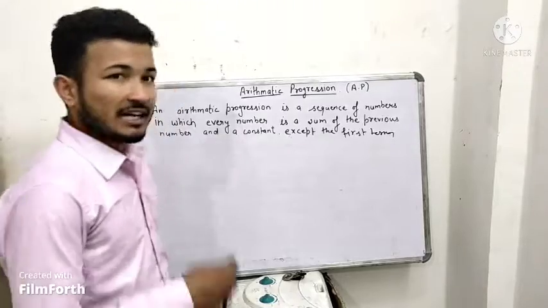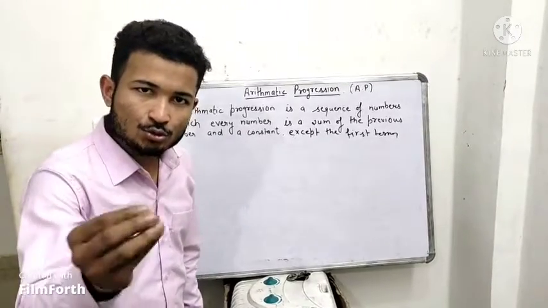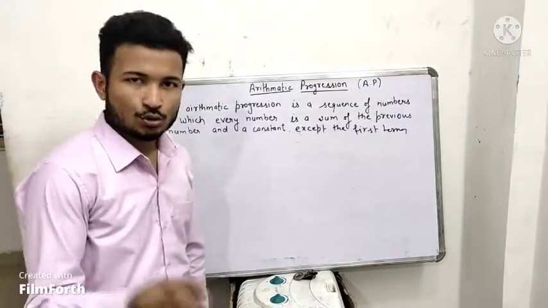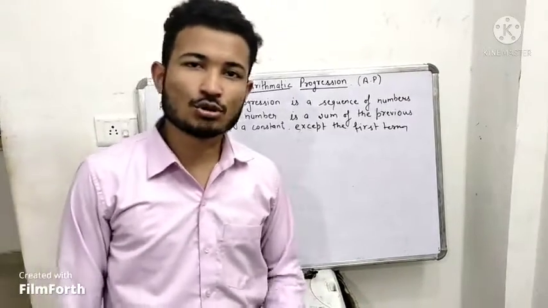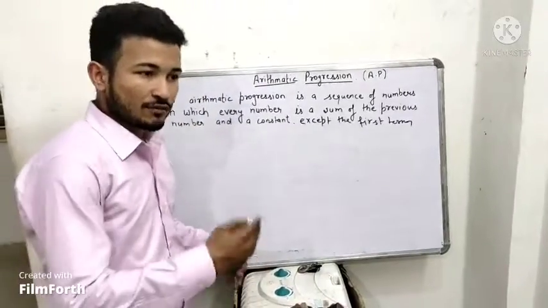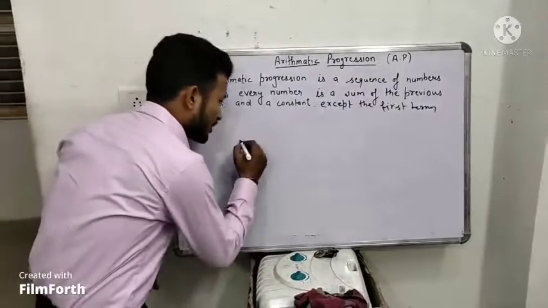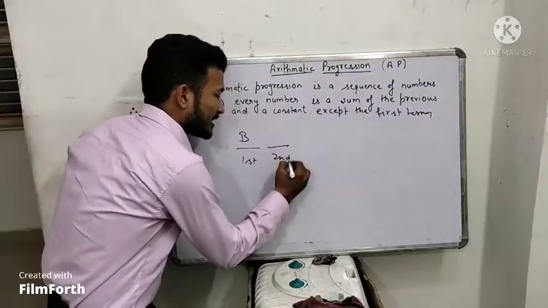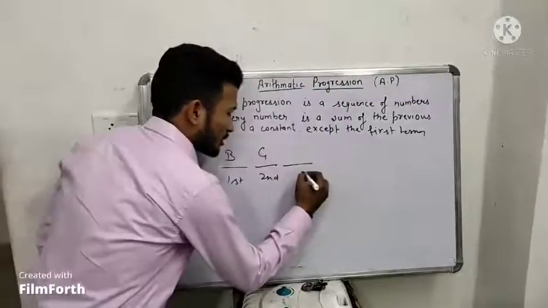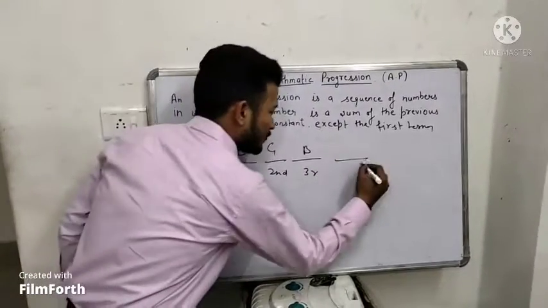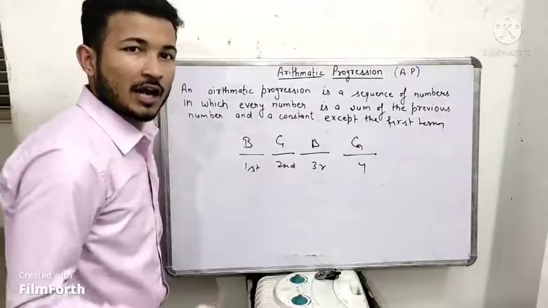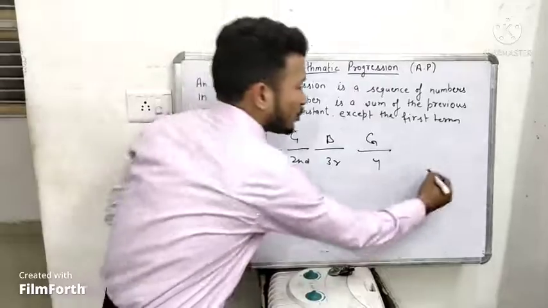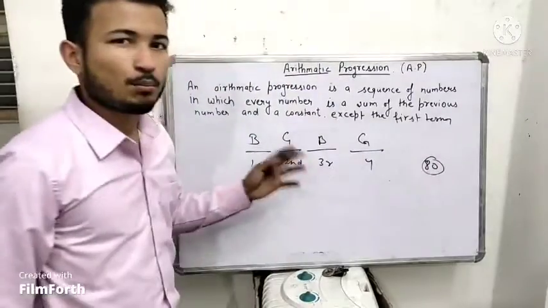Let me take an example so that you can understand what arithmetic progression is. These are exam days, so suppose we have a sitting plan for the students. On the first bench there is a boy sitting, on the second bench a girl, on the third bench a boy, and on the fourth bench a girl. Now tell me, on bench number 80, is a boy sitting or a girl?